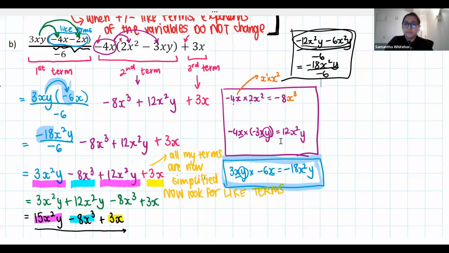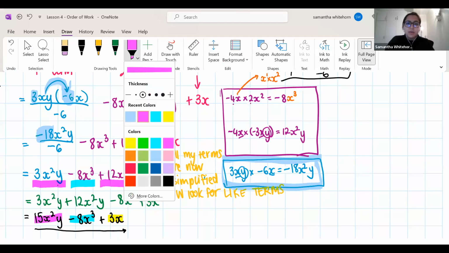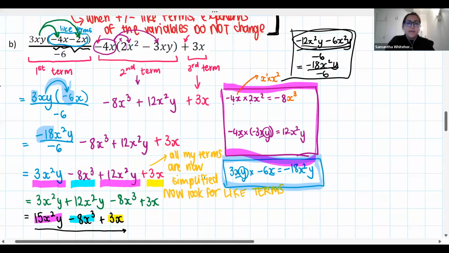Okay, thank you. Right, there are some questions. Firstly, how did I get the second term? Guys, for the second term, you need to look at the purple block. The second term was the distribution. So have a look here, this is the purple block to which I'm referring. You are distributing the minus 4x to the 2x squared and then to the negative 3xy.